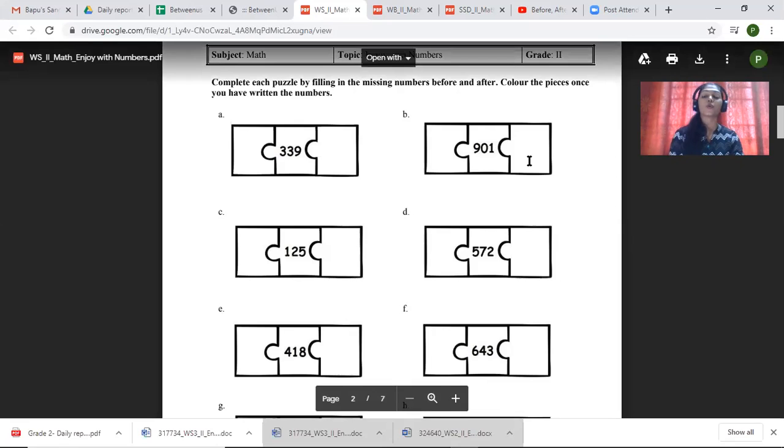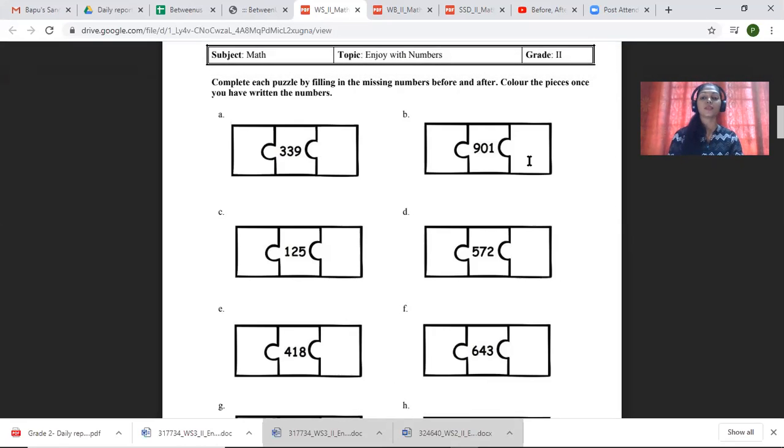Okay. Let us now go to the next one. 901. So what comes before 901? One step back. You have to do backward counting. What comes before 1? 0. Isn't it? So what will be the number there? 900.